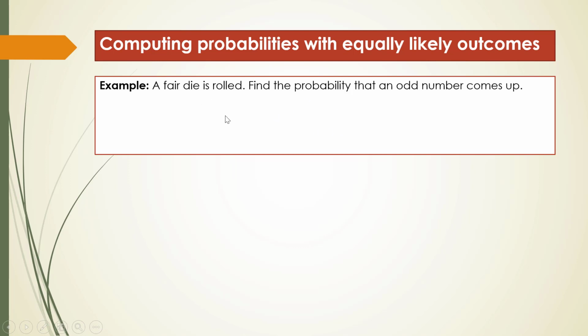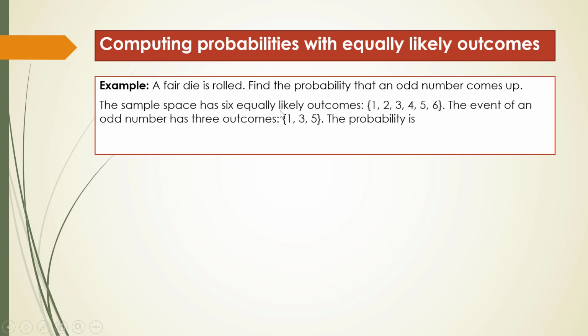So the 6 outcomes are equally likely. The sample space is a collection of 6 equally likely outcomes: 1, 2, 3, 4, 5, and 6. And the event of getting an odd number is a collection of 3 outcomes: 1, 3, and 5. So the probability of getting an odd number is 3 out of 6, simplified to be 1/2.